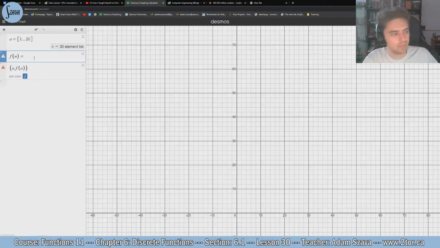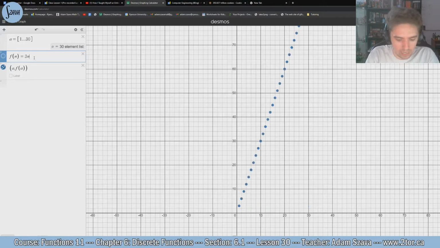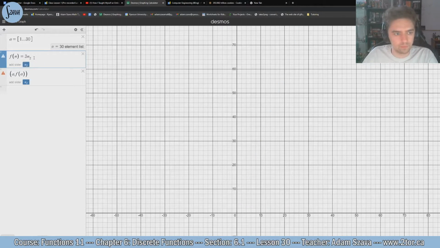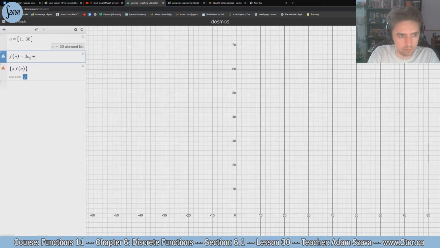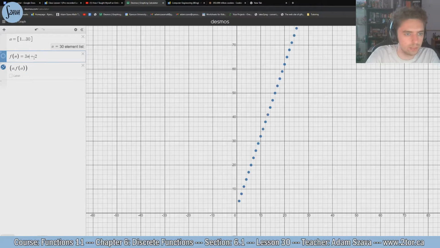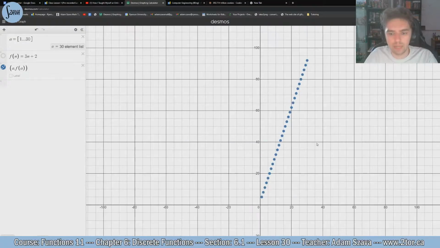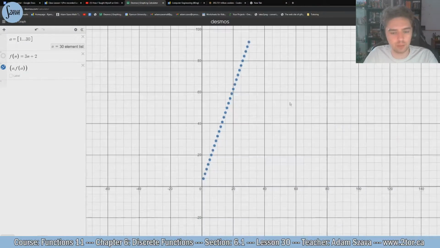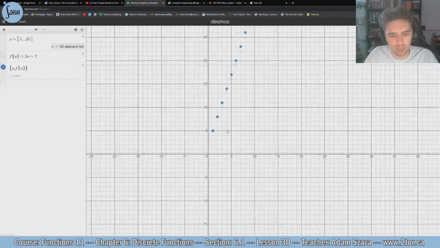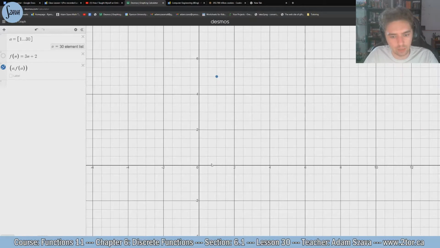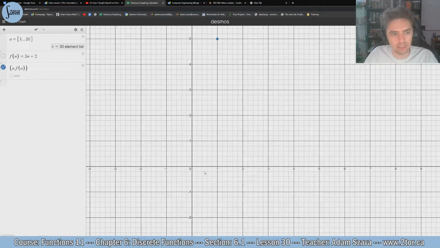And so I can just say f of n. Our example was 3n plus 2. There we go, and there is the first 30 terms of our sequence. Term 1 has an x value of 1. It's still the x-axis, but you can think of it as the n-axis.